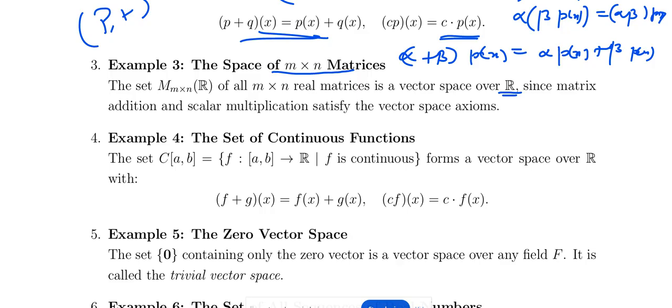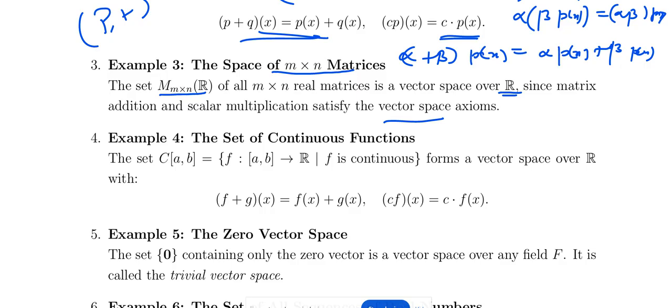With respect to the corresponding matrix addition and scalar multiplication, this is the example for vector space. So that means with respect to addition, this is an Abelian group, and alpha plus beta into some matrix, that is scalar multiplication, satisfies those 4 properties, then this is called an example for vector space.